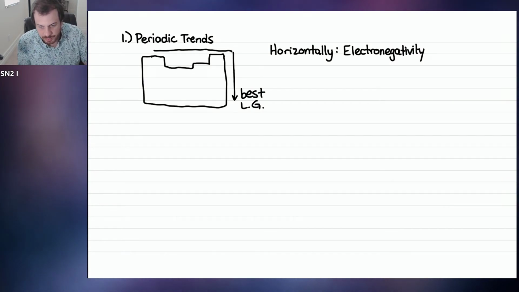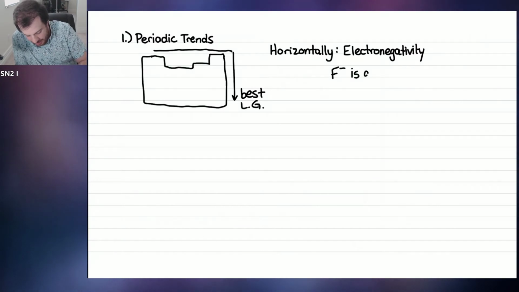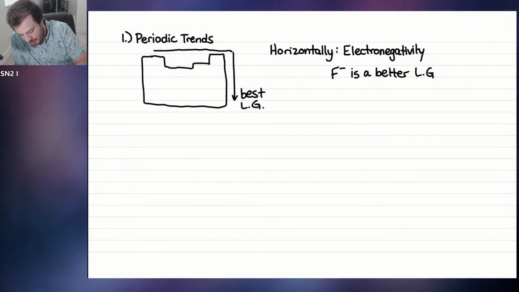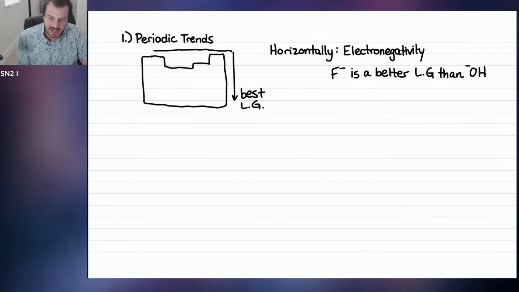So when a leaving group leaves, it takes electrons with it. So if you're going to have a good leaving group, it should be electronegative, meaning it should be able to tolerate the extra electrons it's going to gain. So for example, fluoride is a better leaving group than hydroxide.